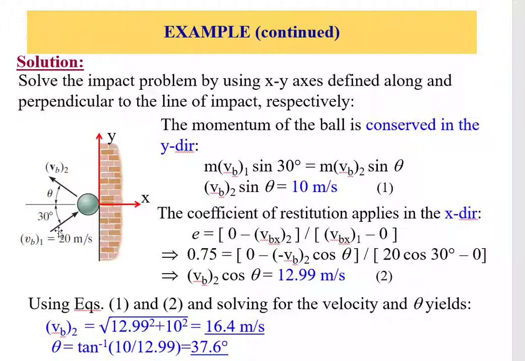This is a positive 20 cosine 30 in the x-axis minus the velocity of the wall, which is unchanged, 0. That gives us another equation: VB2 cosine theta equal to 12.99 meters per second.